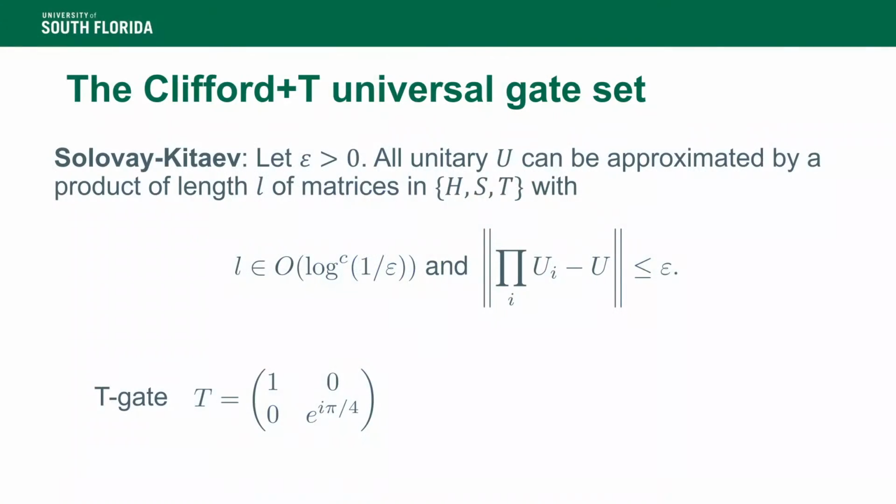Now, what does it say very specifically? Suppose you have a precision epsilon to which you want to approximate a given unitary operator U, then you can create a product made of H, S, T matrices such that the length of the product, so the number of terms here, is going to be a polynomial in the log of 1 over epsilon.